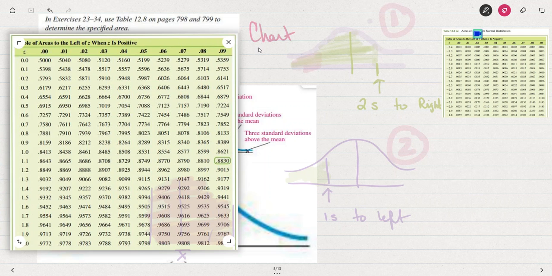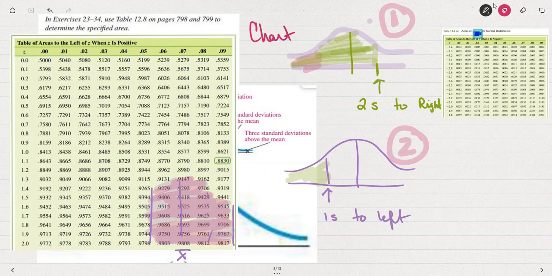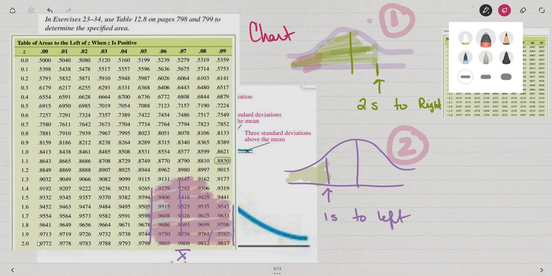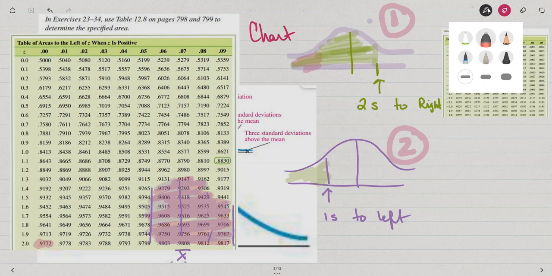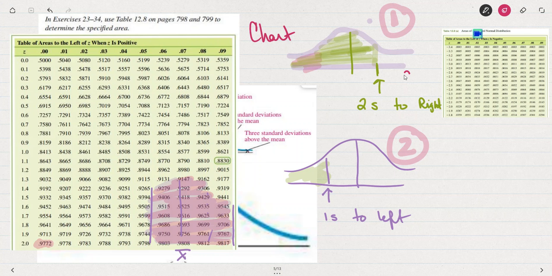And we want 2.0. Oh, there, now we can see it. So 2.0, the percent is 0.9772 from our chart. Or in other words, 97.72%.